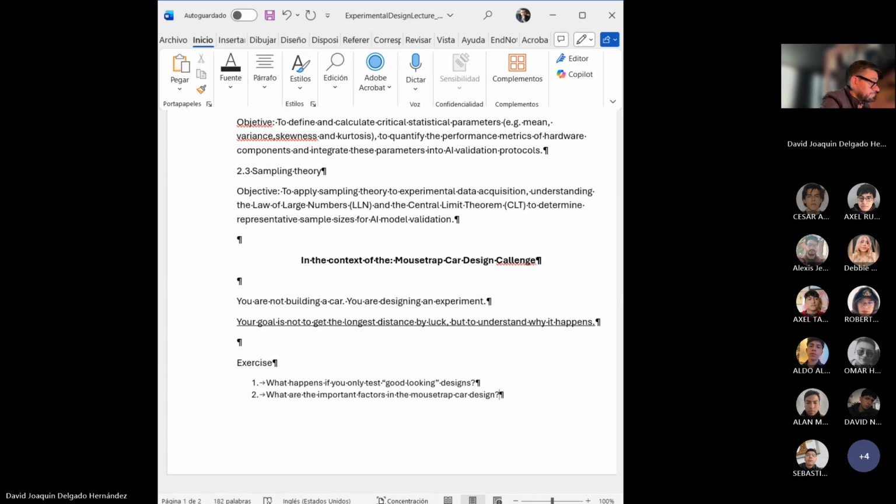Third question, what variables have an impact on traveled distance?